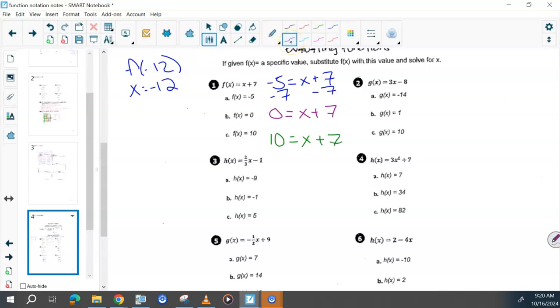So if I replace the 0 and I subtract 7, the x value for when y is 0 would be what? -7. And then when y is 10, if I subtract 7, what is my x value there? Questions on that?